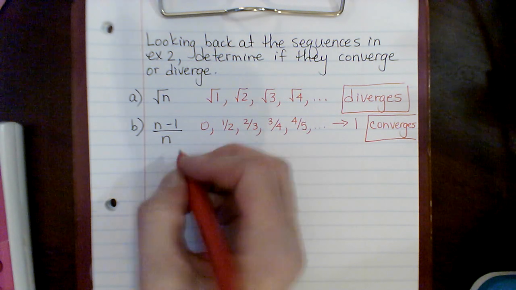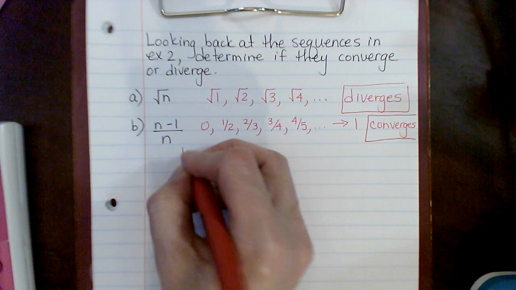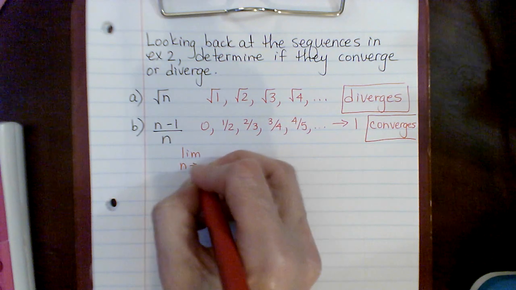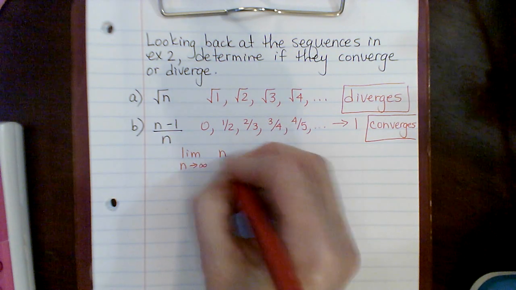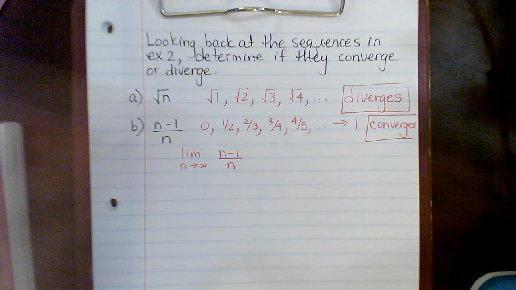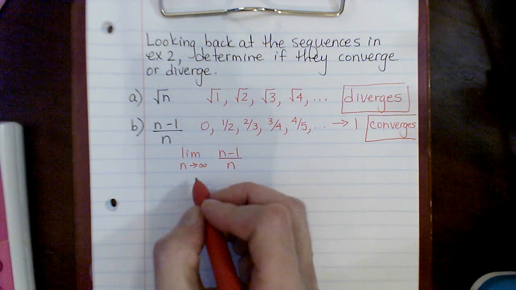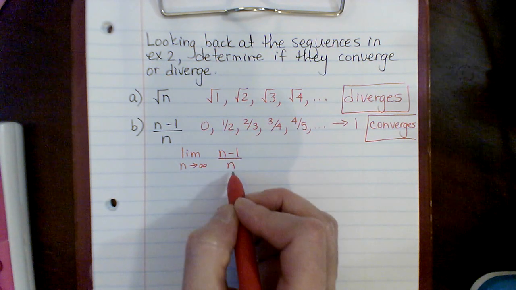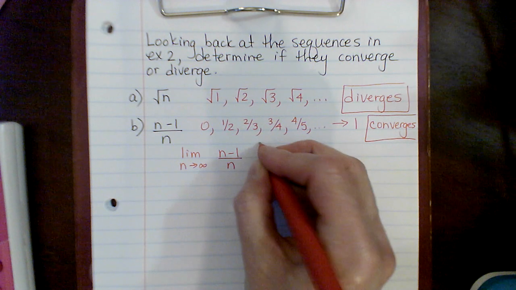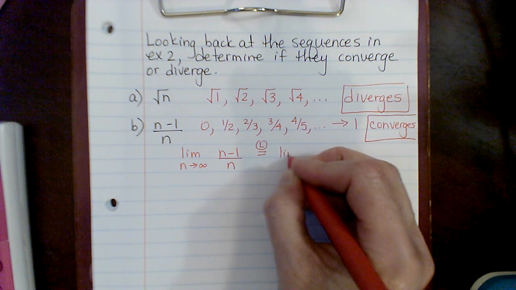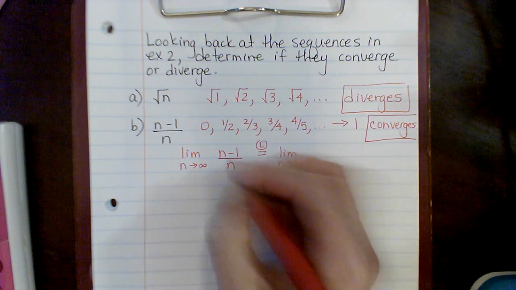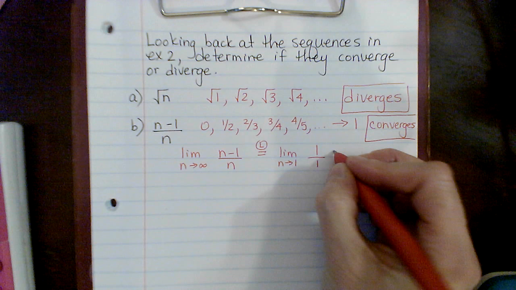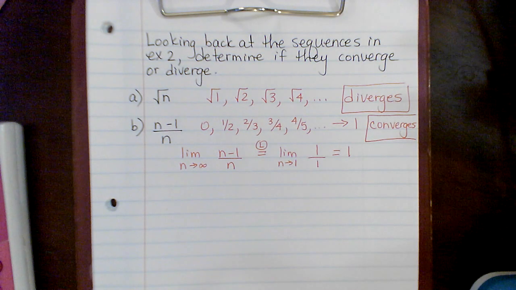You can say, what is the limit as n goes to infinity of n minus 1 over n? A direct substitution here is going to give you infinity over infinity. So you can use L'Hopital and get that the limit is 1. That's just to give you a preview of how you can do these a little bit easier.